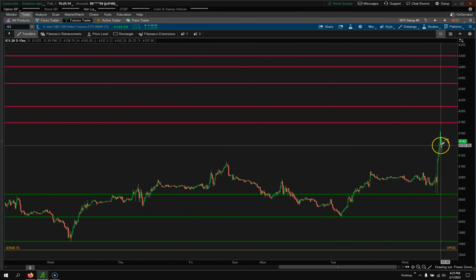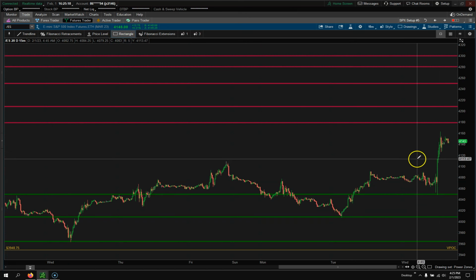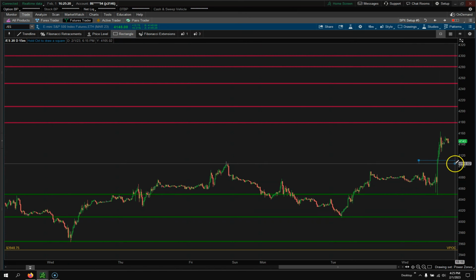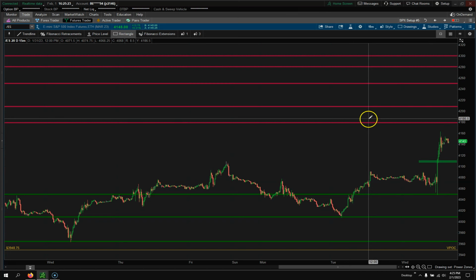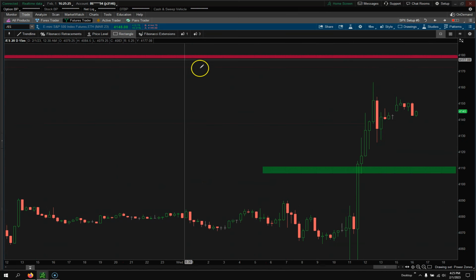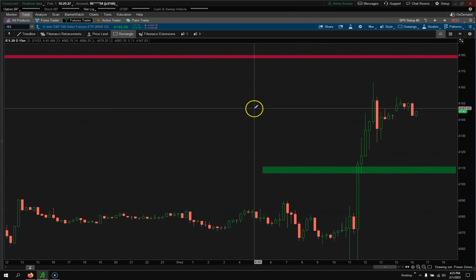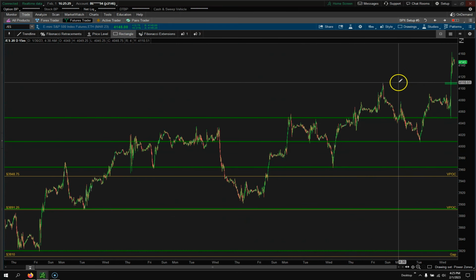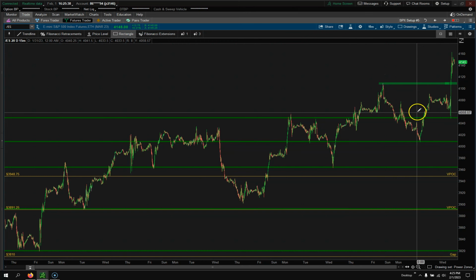But let's just say, for example, we actually had a trade zone right here, we'll call it, right at this support level. I would say, hey, we're in an uptrend, right? Looking at context of market, we had a prior support level right there.